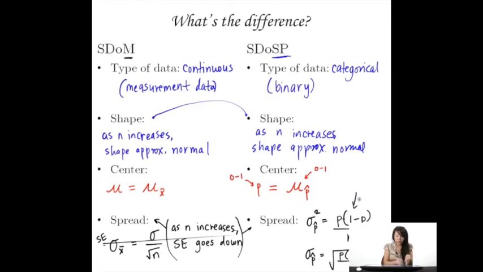But what I really want you to see here is that there's this principle: as n increases, as your sample size increases, your sampling distribution's spread goes down, doesn't matter of what. So it becomes less variable. All right. So we see a lot of similarities across the SDOM and the SDOSP, excuse me.